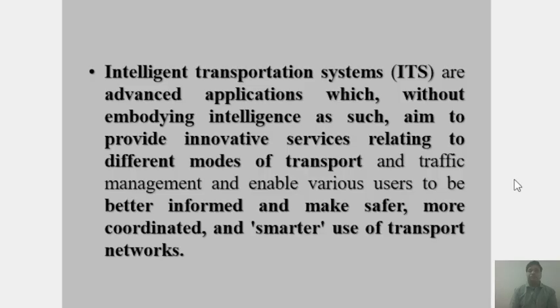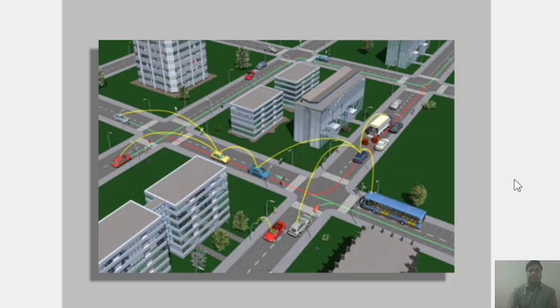That is why innovative services are very much required, which we get from ITS. Traffic management keeps the various users better informed and helps with safer, more coordinated and smarter use of the transportation networks. So this is what we have discussed: it is able to build the connection between different types of vehicles.